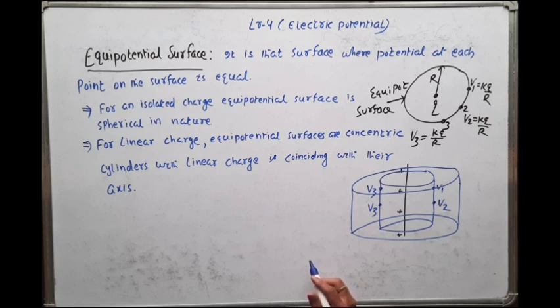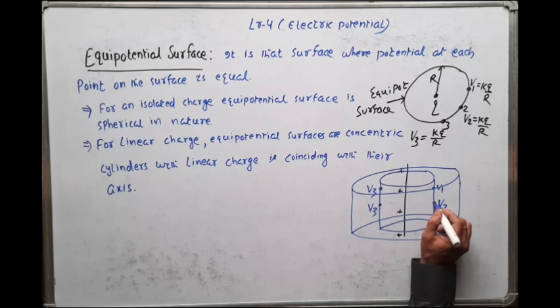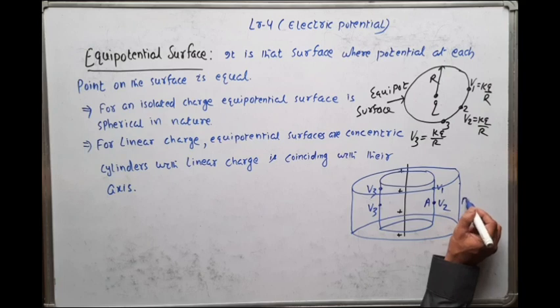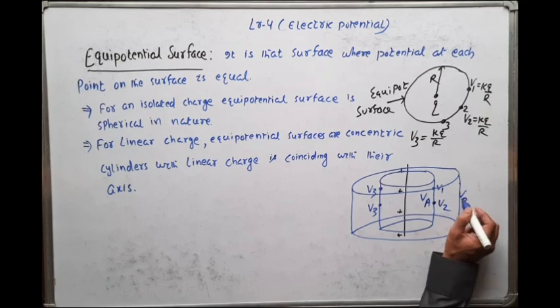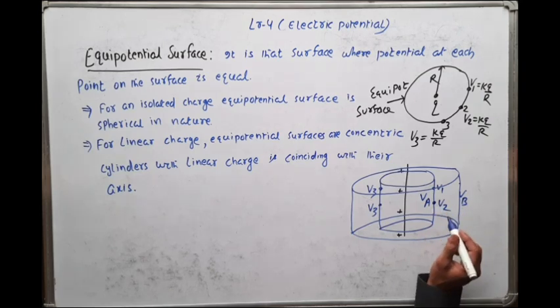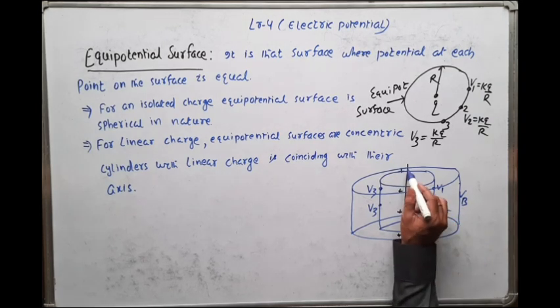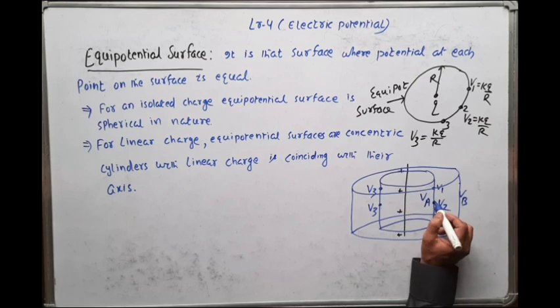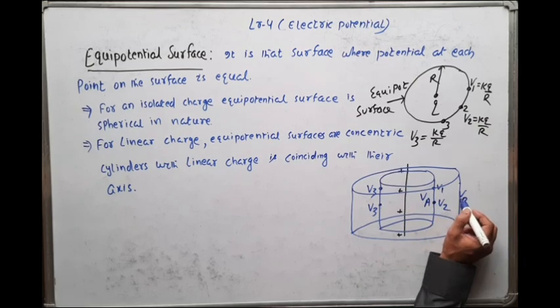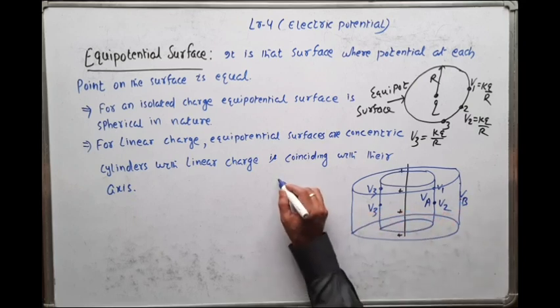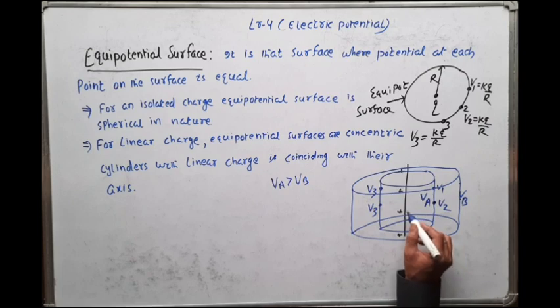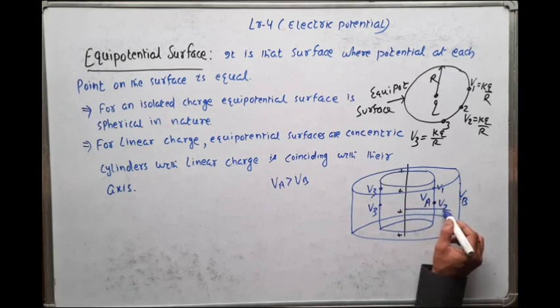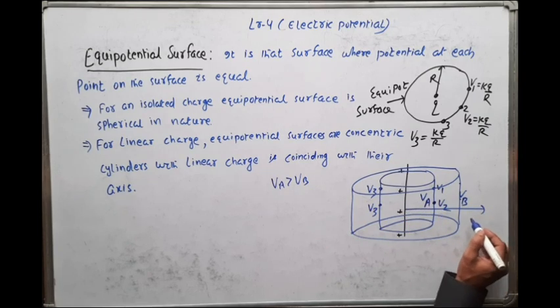Now you see here, suppose this is the A surface and this is the B surface. Here is potential at A and here potential at B. Out of VA and VB, which is greater? Definitely A is nearer to the positive charge, so potential at A is greater than potential at B. And what is the direction of the electric field? The direction of the electric field is away from the positive charge conductor.